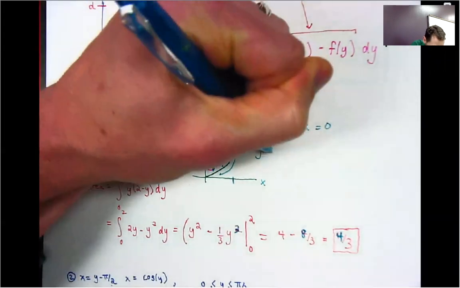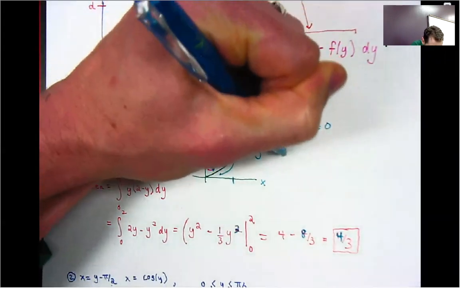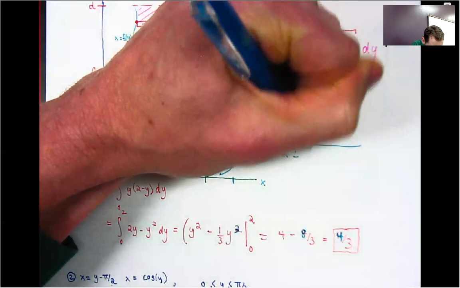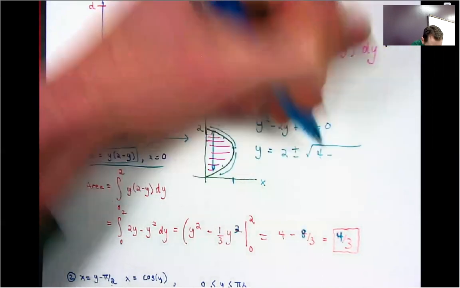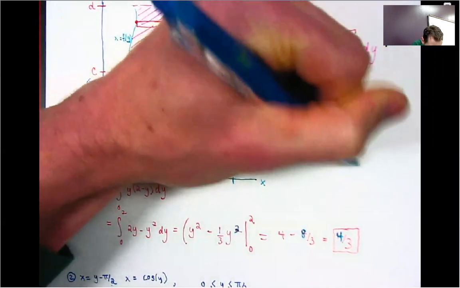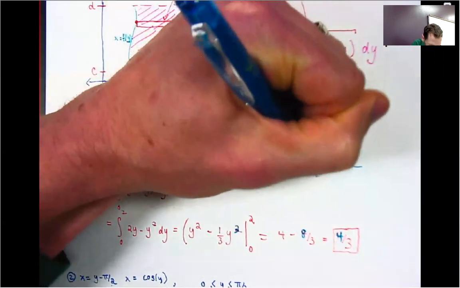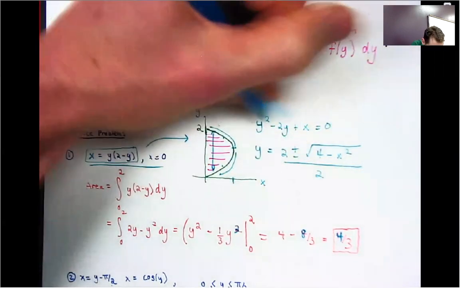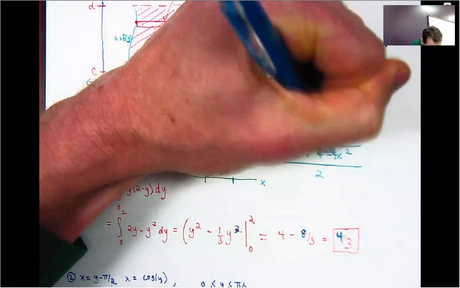Okay, so I'd have y is equal to 2 plus or minus the square root of 4 minus 4x squared, all over 2, because of the 4ac, so I have 4 there.